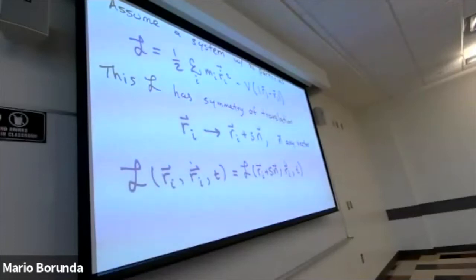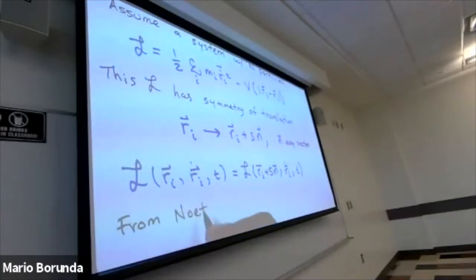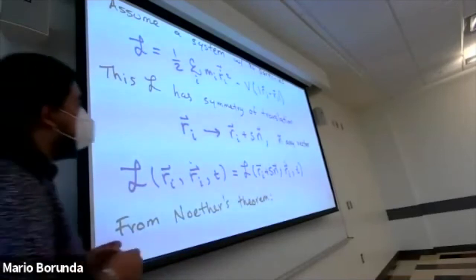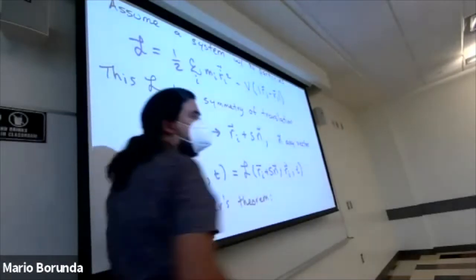So using Noether's theorem, I can find the conserved quantity associated with this translation.